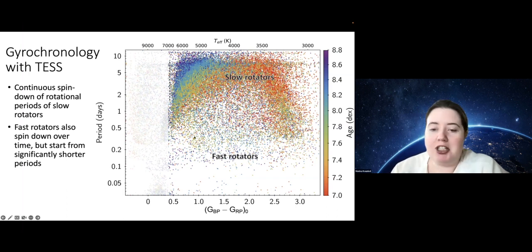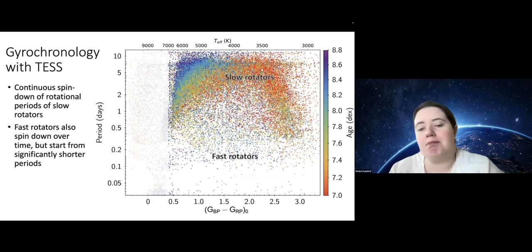So initially, they might start with a period less than a day in a population of stars that have a typical period of 5 days. And if a population has a period of around 20 days, you might have fast rotators with a period of 5 days. That is to say, it can become quite difficult to distinguish between very old fast rotators and very young slow rotators. Eventually, they start overlapping. They can be quite difficult to separate if you don't know their age.